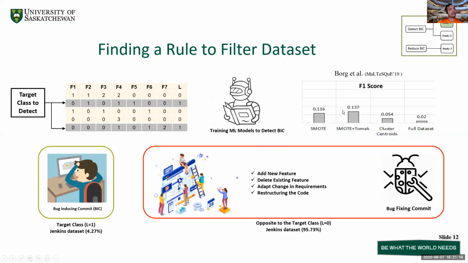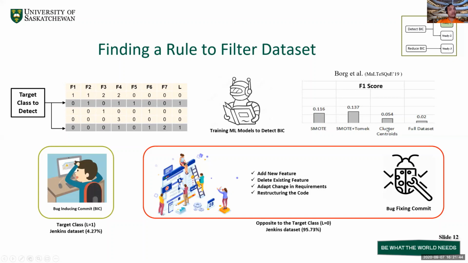They discuss the term just-in-time defect prediction, and I'm using the term bug-inducing commits. Both are actually the same in the literature. Just-in-time defect prediction is mainly done by detecting the bugs during commit time, so I am talking about the same thing, bug-inducing commits.